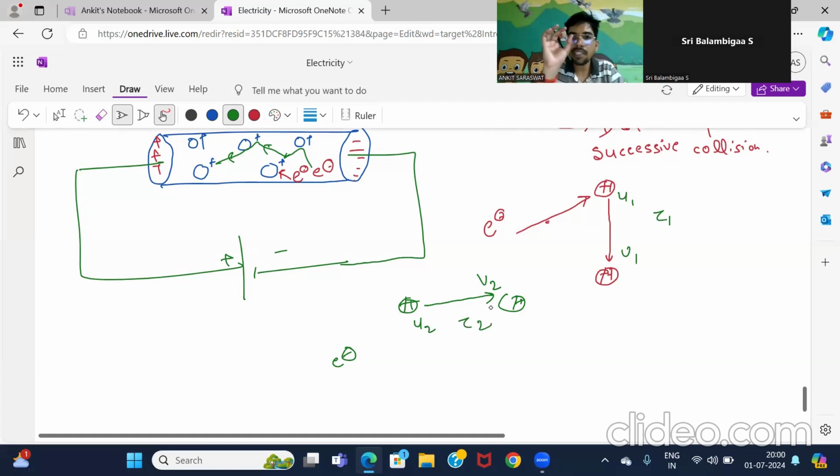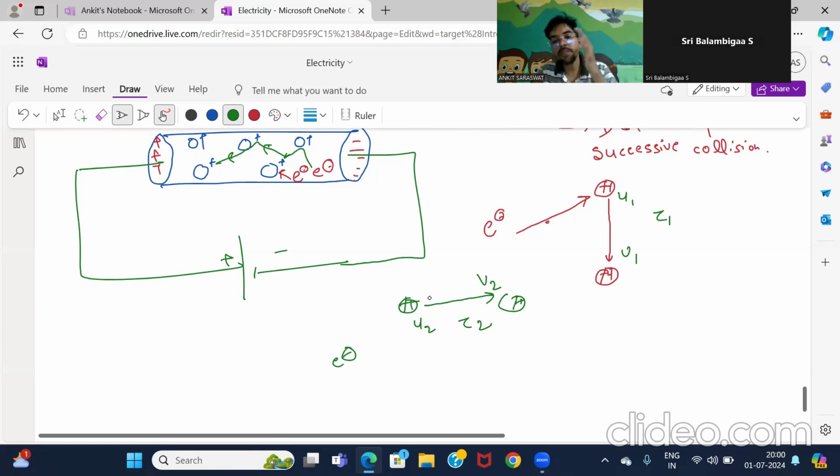So for a particular instant of time, one electron is going for successive collision. Similarly, at the same instant of time, other electrons are also going for successive collision. Clear? So every electron is having a different tau. One electron is having tau 1, tau 2, tau 3. And every electron, here it is v2, here v1, here thermal velocity is u2, here u1.